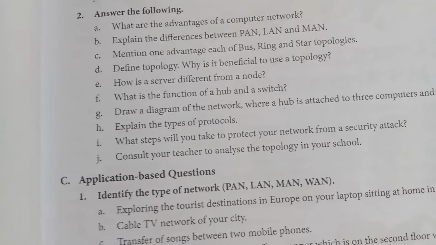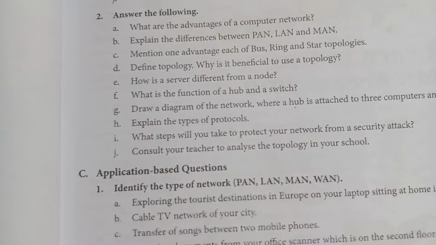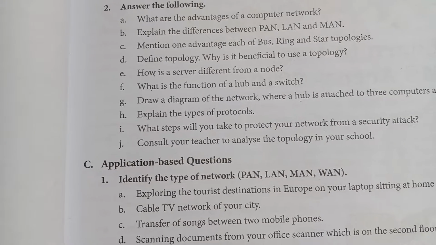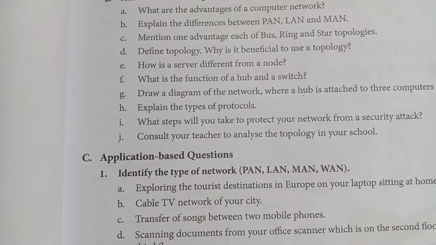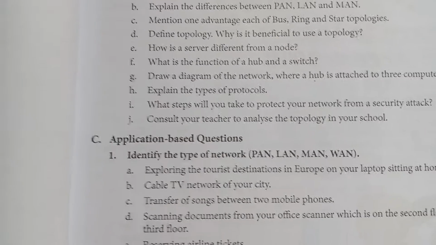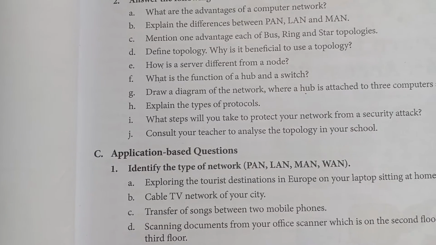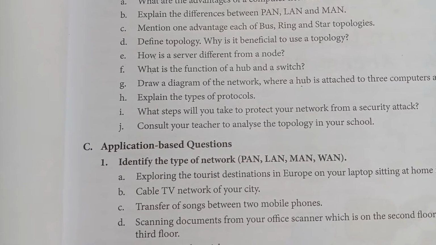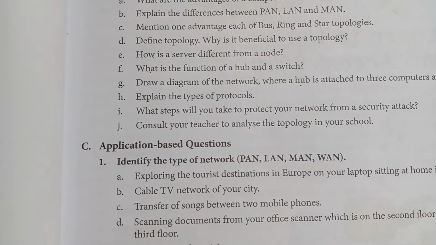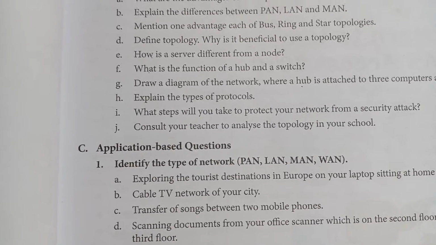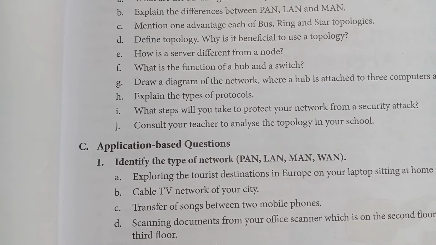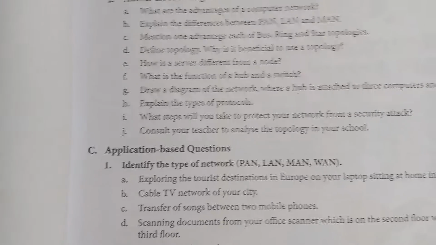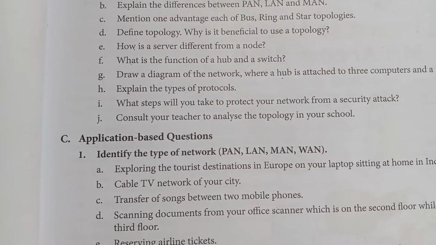So what is the advantage of bus topology? The linear architecture is very simple and reliable. In the advantages of ring topology, data can transfer between nodes at high speed. In a star topology, fault detection is easier. We can detect faults in this topology.